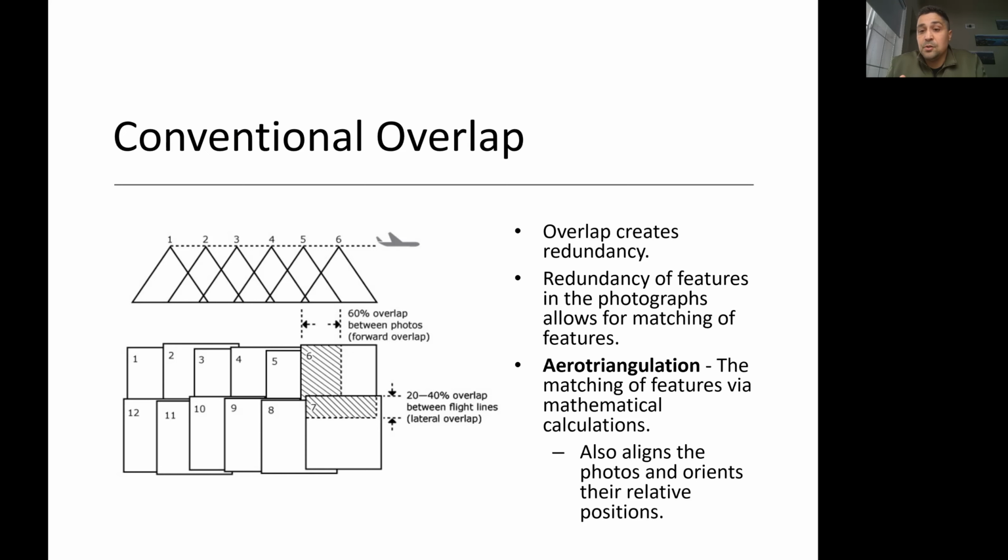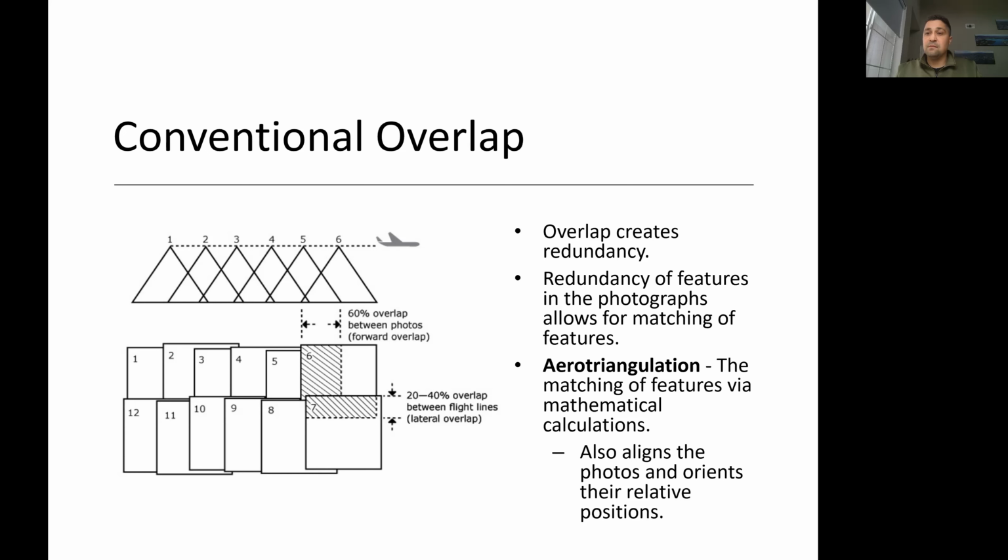That's a feature. The more times those features show up in multiple images, the more redundant they are, the more overlap, and the better the case for this justification is going to exist.